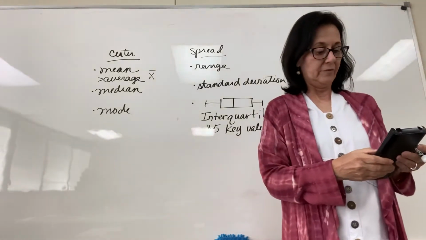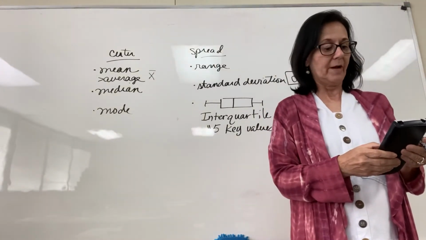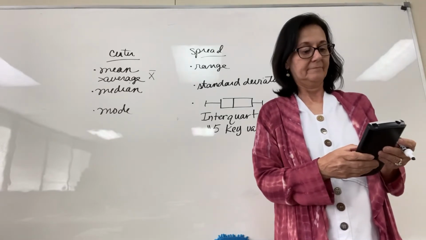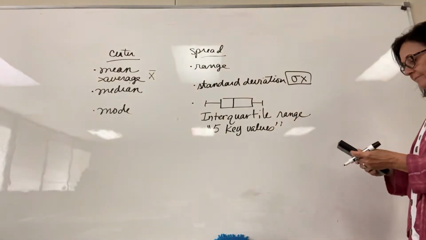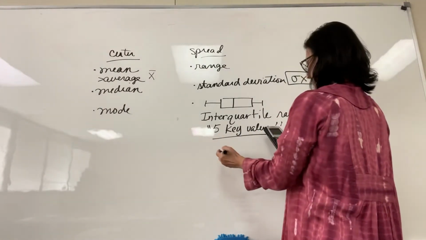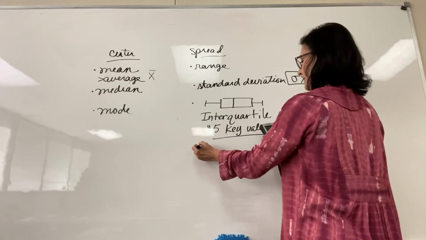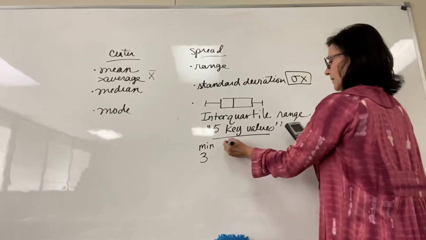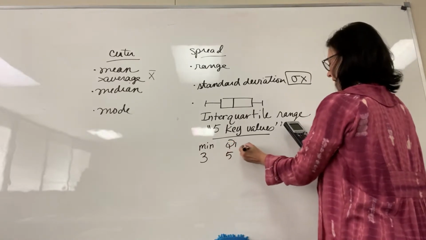All right, and if you go down, there's 5 more numbers. It gives you your 5 key values. Your min is 3. Quartile 1, 5.